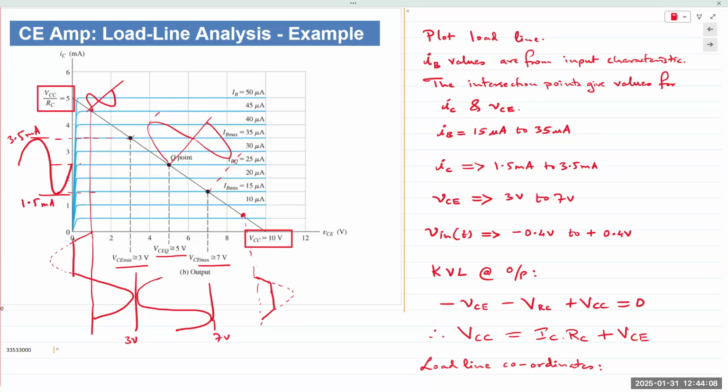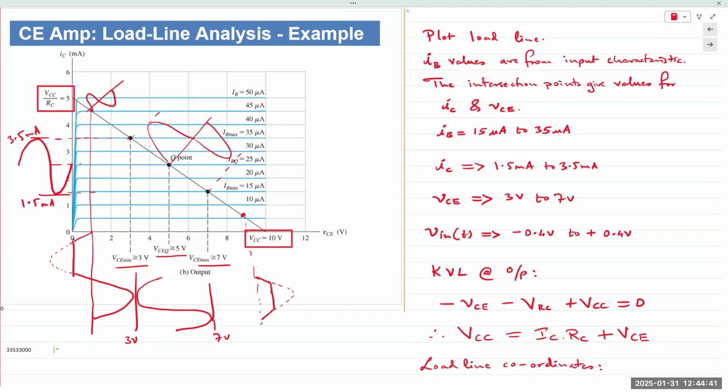So even though we bias a transistor to work in the active region, everything depends also. There are two things going on. V in could be large enough that the output exceeds both the positive and the negative end, so it gets clipped off at both ends. But if we don't bias a circuit correctly, meaning the values of VCC, VBB, and the resistors RB and RC, would move the Q point either up or down the load line.